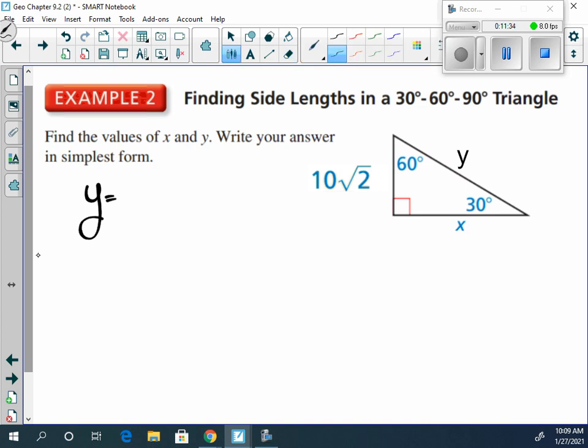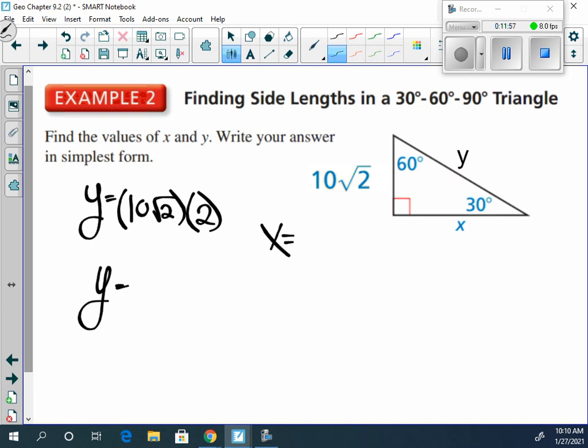The side opposite the right angle, the hypotenuse. So how do I find the hypotenuse? Well, we take the smallest side and do what to it? We multiply it by 2.